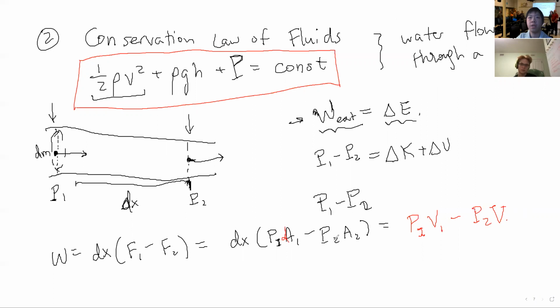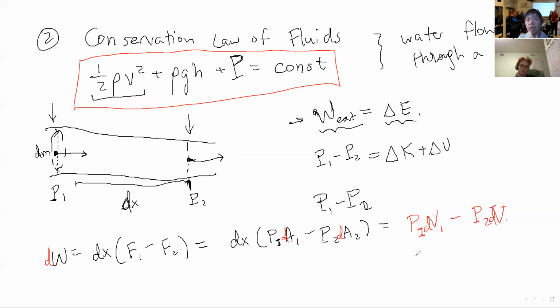This can be the differential in volume. We're assuming it travels a very short distance, so we can use differentials here. So P1 dV minus P2 dV is equal to the infinitesimal difference in work.